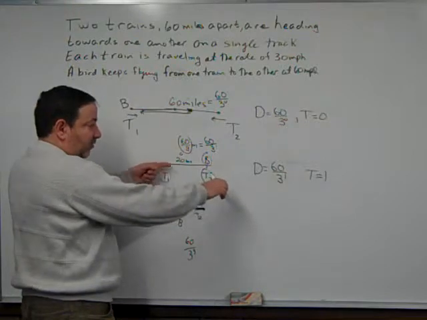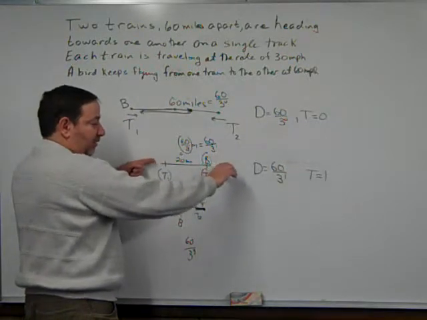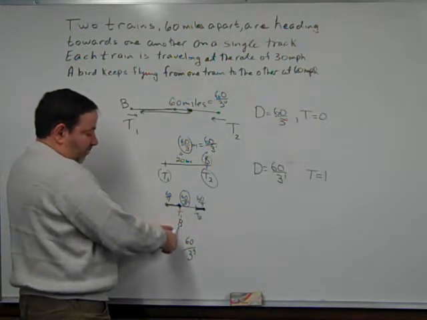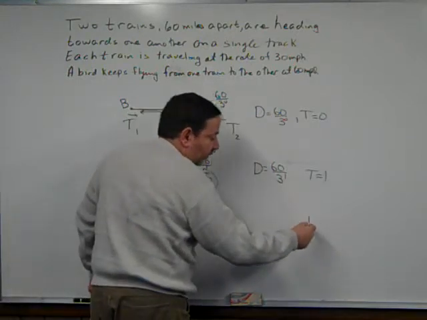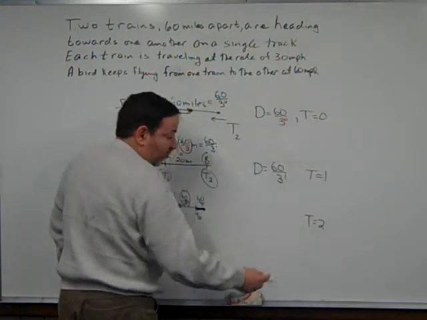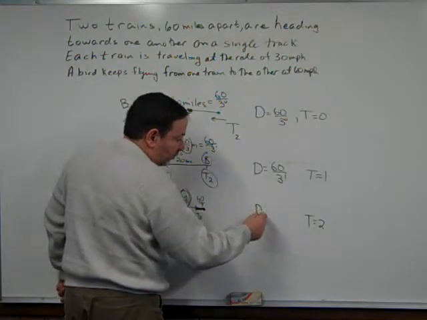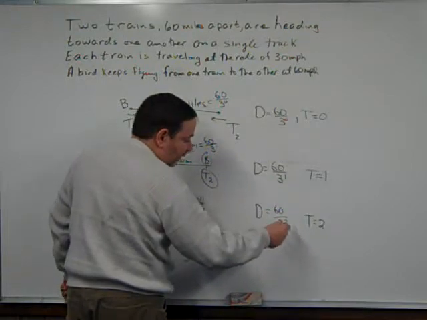Train 1 is still going 30 miles an hour. The bird is coming back at 60 miles an hour. They're going to meet right here. That's another trip. Number of trips is 2, and the distance between the two trains is 60 over 3 squared.